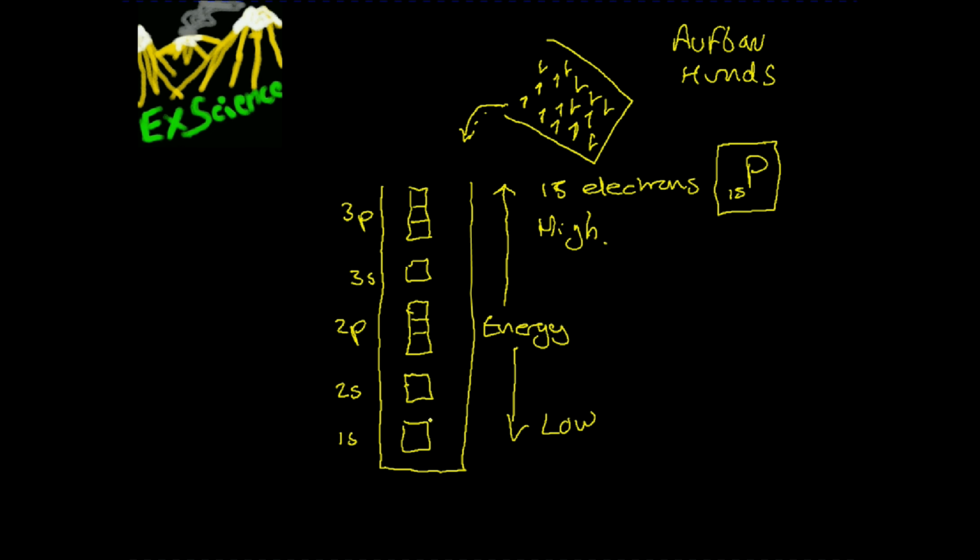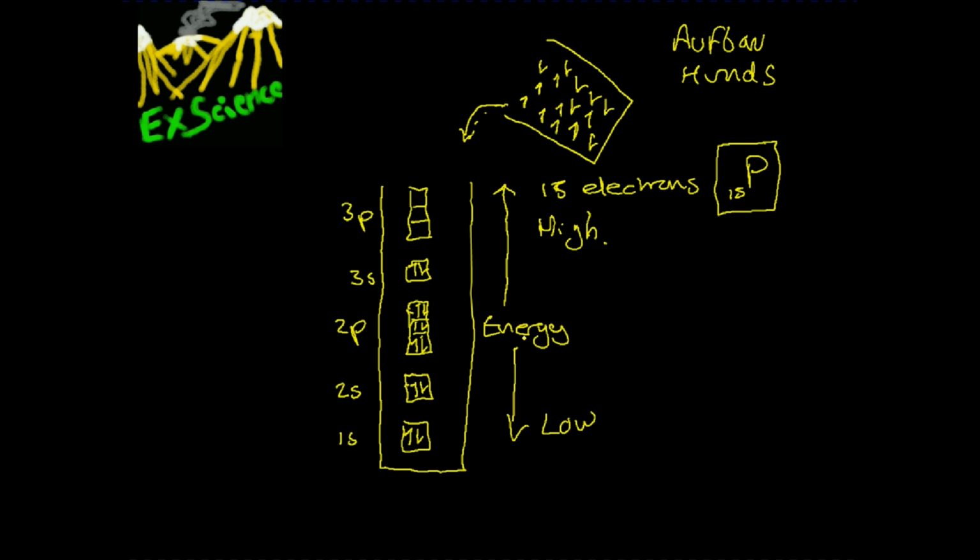If I'm pouring these in, I'm going to fill up the electronic configuration of phosphorus from the bottom to the top. 5, 6, 7. Notice how I'm doing this here, and I'll talk about that in a second. 8, 9, 10.